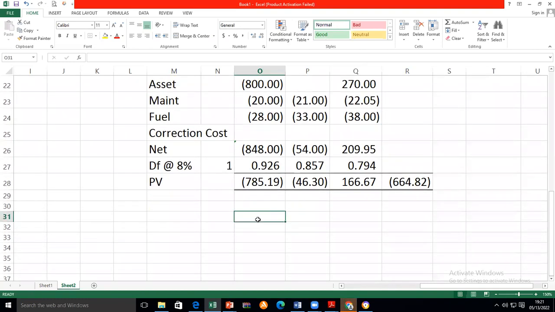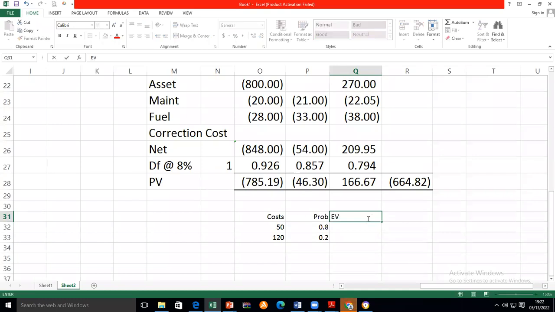There are two possibilities. What are the figures? The costs could be 50,000 or 120,000. So there are two possible outcomes. What are the probabilities? 0.8 and 0.2. And what we calculate out of this is the EV.